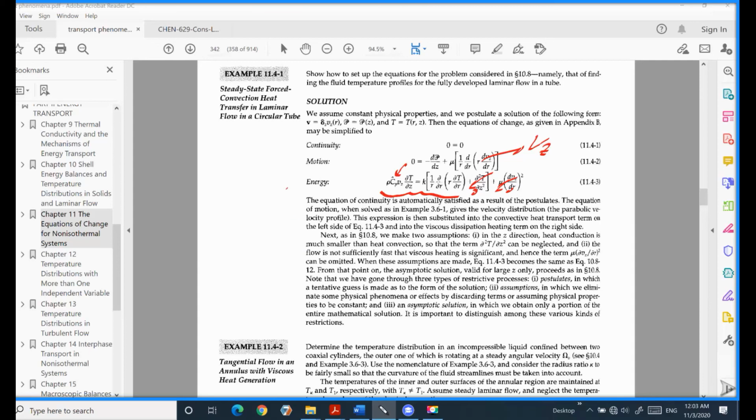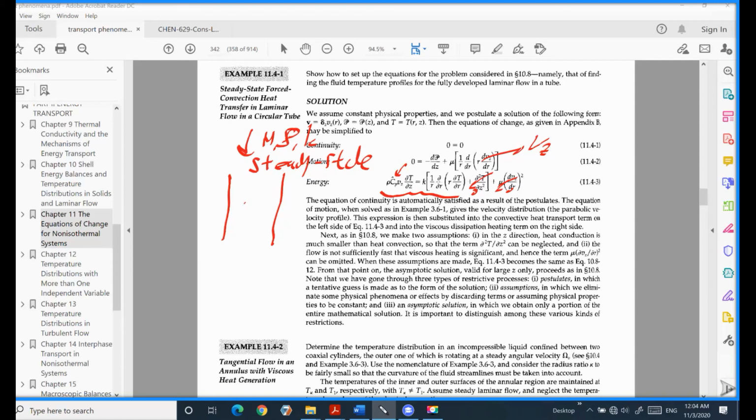So what we have seen is this problem for a circular tube. We defined our problem and our assumptions: mu, rho, k, and all of them are constant, and we assume a steady state problem.